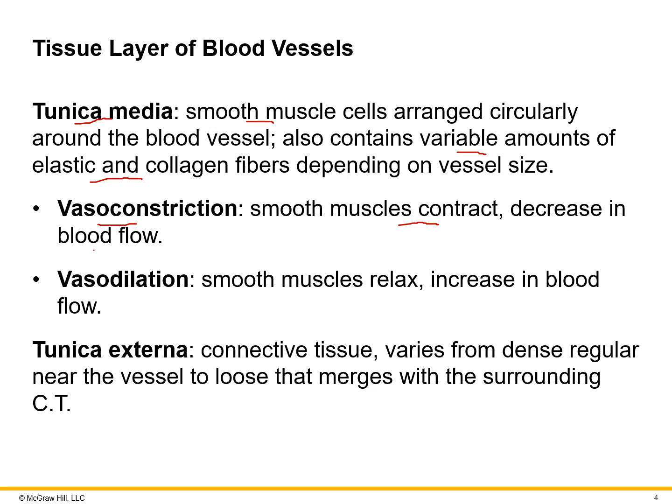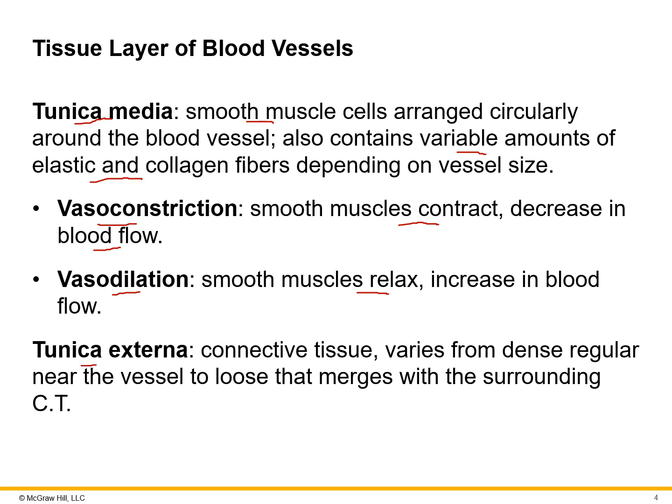That's going to decrease blood flow. Think about squeezing on a pipe, making it smaller, which is going to decrease the flow through it. Then we have vasodilation, which is the opposite. This is where those muscles relax, and that will increase the blood flow by allowing a larger diameter and more area for the blood to flow.